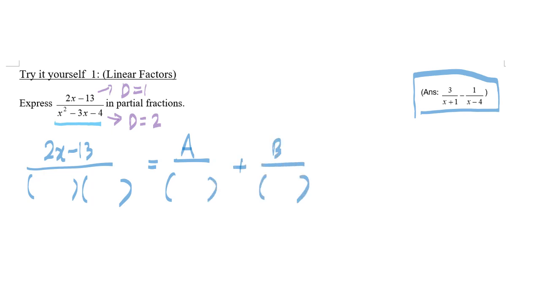Then you can express it as two partial fractions, A over your first linear factor plus B over your second linear factor, and then solve it accordingly. And if you don't get the answer, please do not give up. Try a few times and I'm sure you can do it.